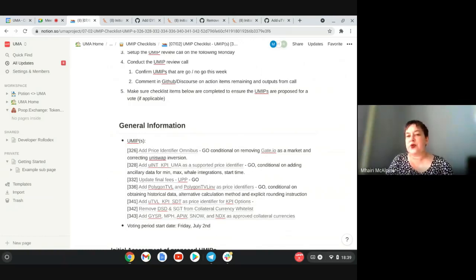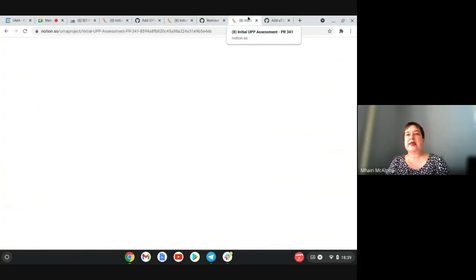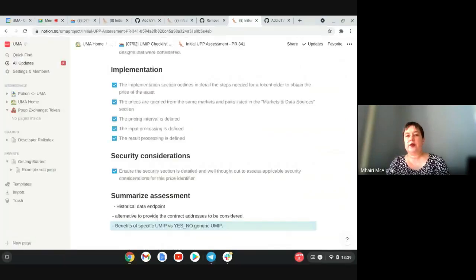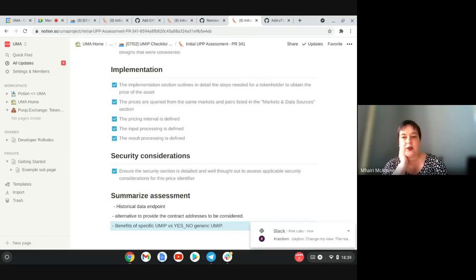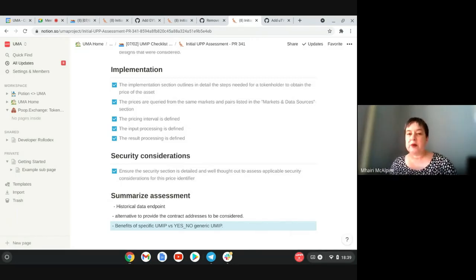The next one was the UTVL KPI SDT price identifier for KPI options. Deadcoin, are you on the call at the moment? Perhaps not. There's been a bit of discussion about this, particularly around whether it's better to use the binary option, although it's been renamed the yes-no generic UMIP, or a specific UMIP for this.